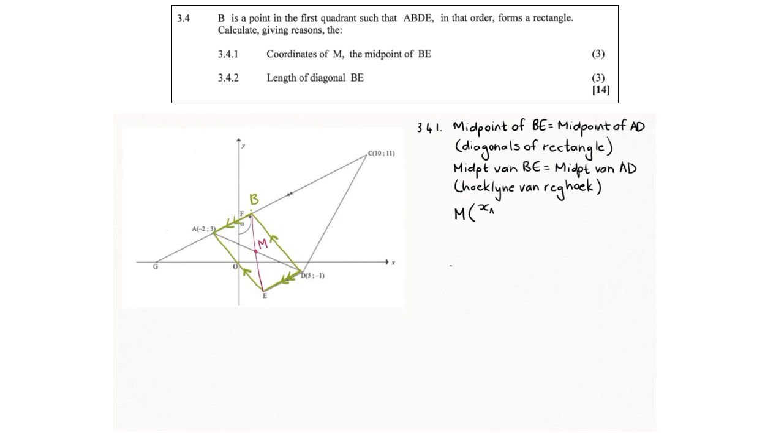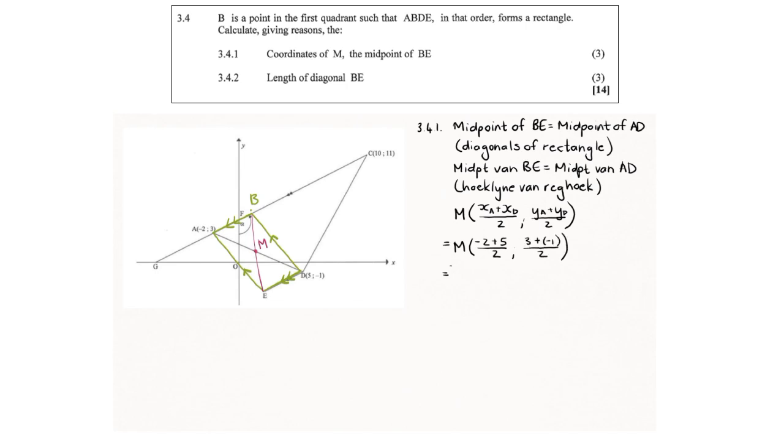So now we use the midpoint formula, which states that the x-coordinate of the midpoint is x of A plus x of D divided by 2, and the y-coordinate is yA plus yD over 2. And now we put the coordinates into this equation, and that becomes (-2 + 5)/2, and (3 + -1)/2.